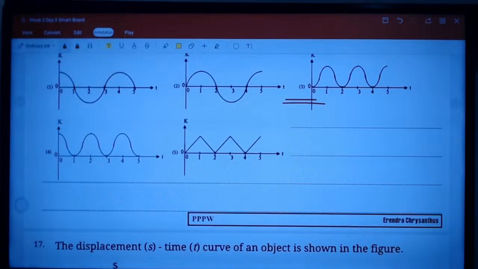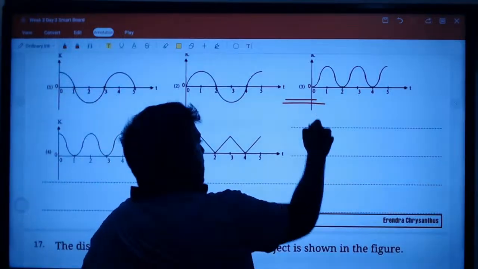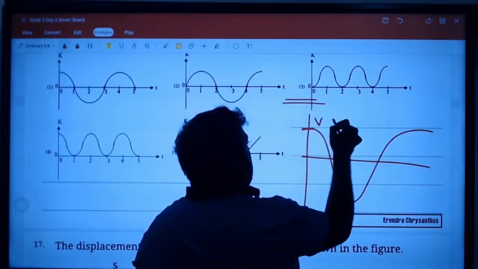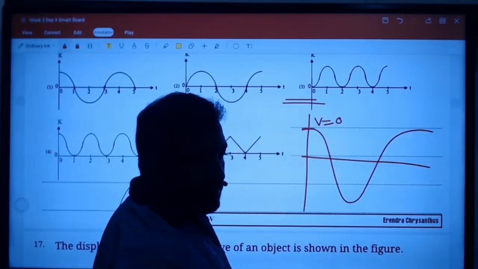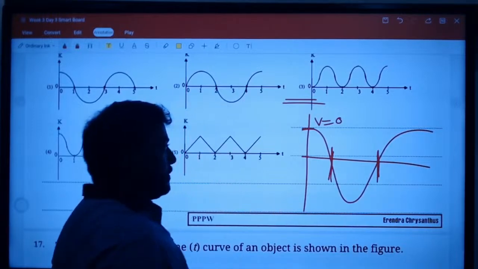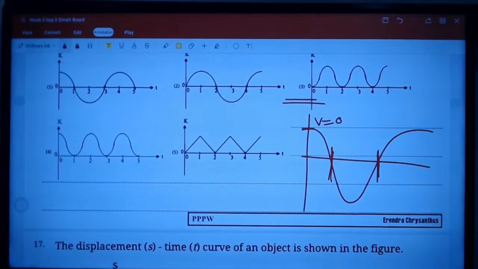Okay. Why? Here they are given you displacement graph like this. Maximum displacement here, velocity is 0. Velocity is maximum only at these points, equilibrium position.